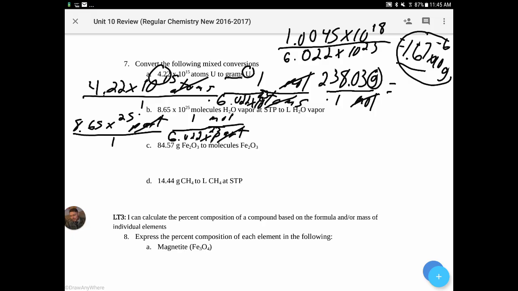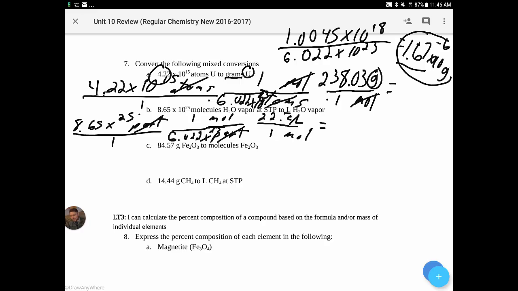That is not where we want to be, so we do another one. Moles on bottom. We want to be at liters, so we put liters on top. 1 goes next to moles. The number that goes in front of liters is 22.4. Then we do 8.65 times 10 to the 25th times 22.4.